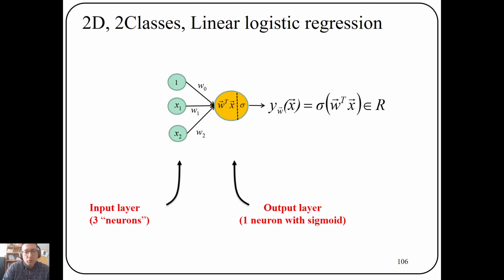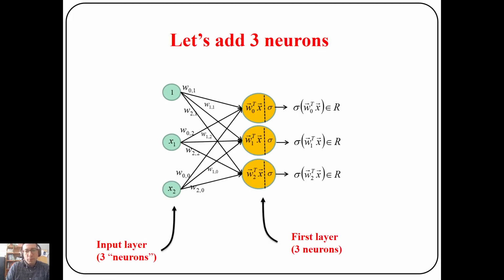So let's go back to a configuration that you are now familiar with, which is a 2D set of data, x1, x2, let's say the body temperature and cardiac frequency, two classes, and a linear neural network. It is in fact a linear logistic regression, which embodies a dot product followed by a sigmoid function. So here we have the input layer, 3 neurons, and the output layer, which has 1 neuron. We mentioned before that we can add more than 1 neuron to our neural network.